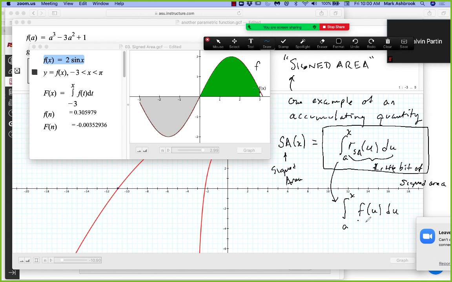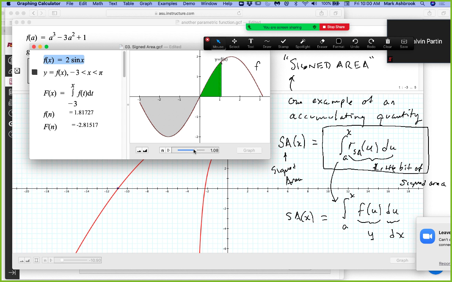Another way to say that is that's just y, and this is dx. We just need another symbol to represent every x starting from a, accumulating to x. So that's a little bit of a review there, and let me back it up here.